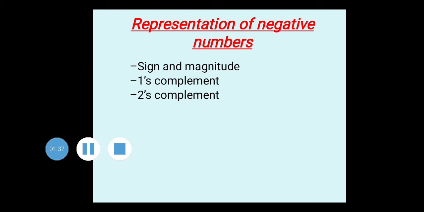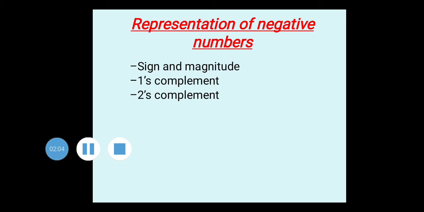But in the binary number system, we basically don't use a plus sign and a minus sign to represent the positive number and a negative number. So the question is how to find out in a binary number system whether the given binary number is positive or negative.